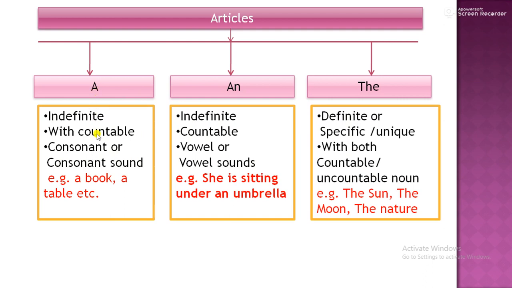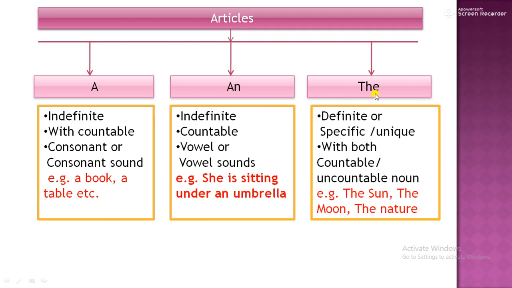Article A is used with countable nouns. Article N is also used with countable nouns. Article A is used with consonant or consonant sounds and article N is used with vowel or vowel sounds.